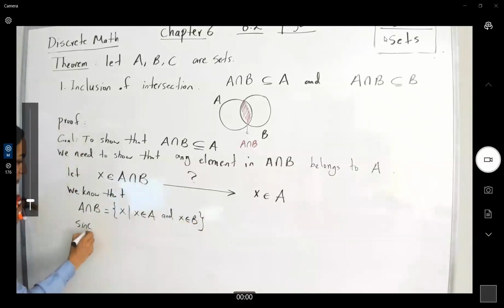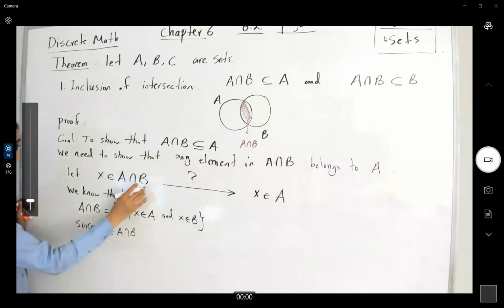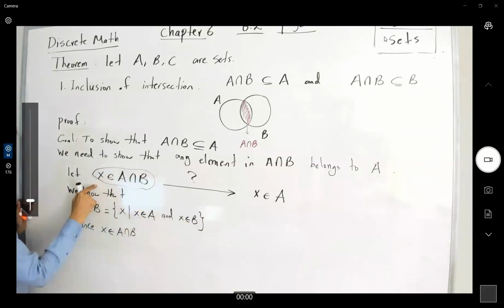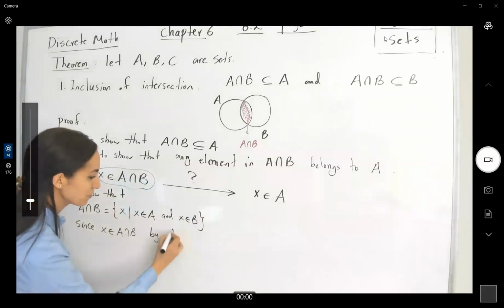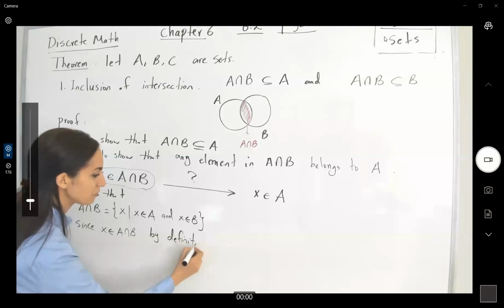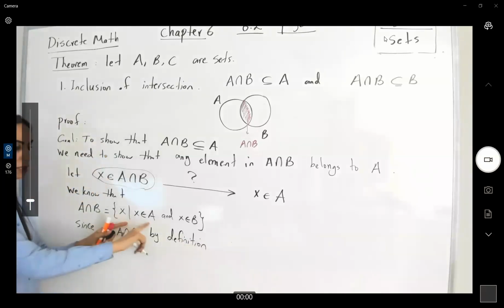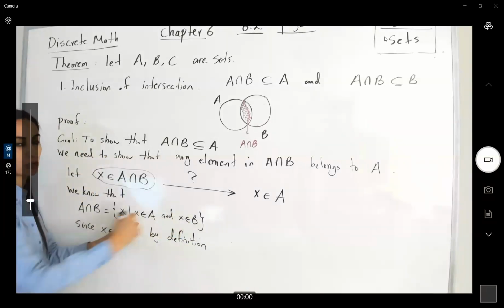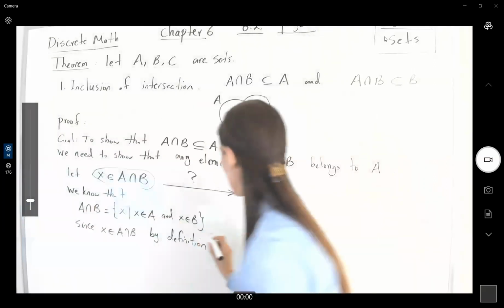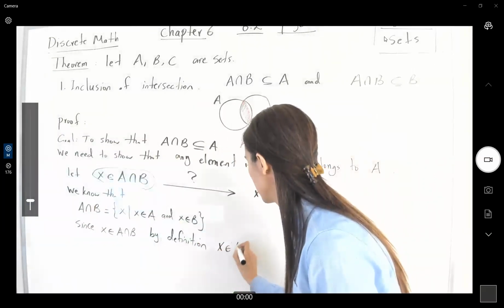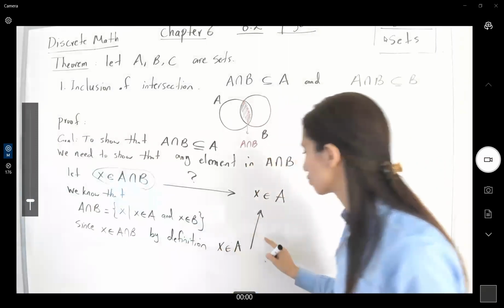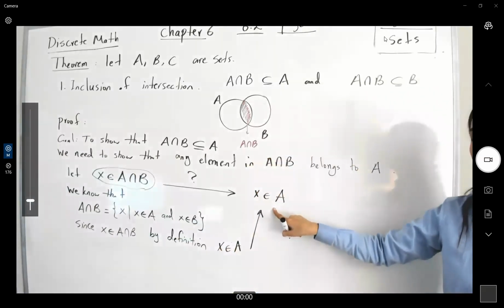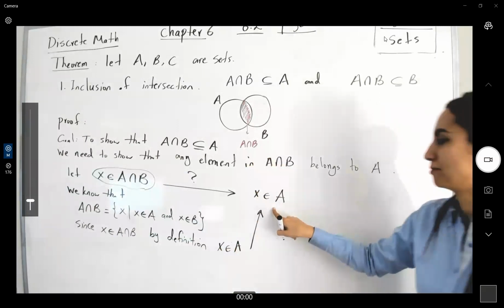Since X is in A intersection B, this is our assumption, by definition, X belongs to A, X belongs to B. By definition, X is in A, which is what we were trying to prove.